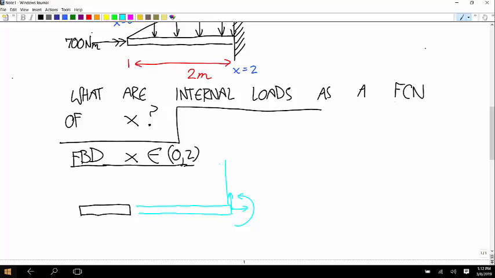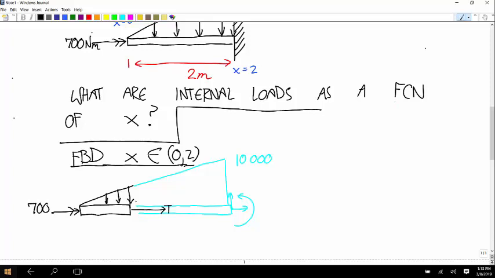And then the distributed load is going to, so there's all this part of the distributed load, including the part that gets up to a maximum of 10,000, but that's not included in our free body. And then there's this distributed load. There's the couple of 700.